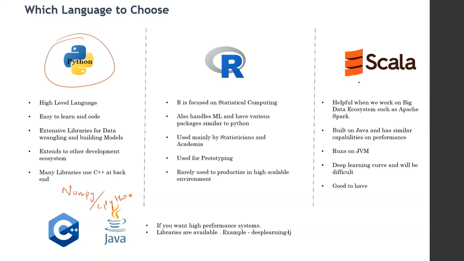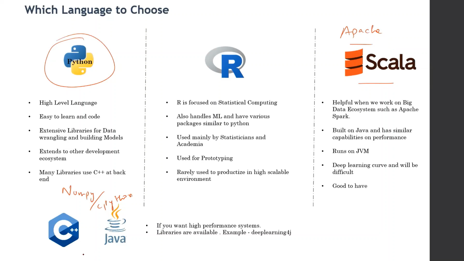If you're working in a big data environment and you need to build a machine learning model, then let's go for Scala. It's part of the Apache ecosystem and the big data world. Its learning curve is a little more difficult compared to Python and R, but when you're working on big data, it's recommended to use Scala.